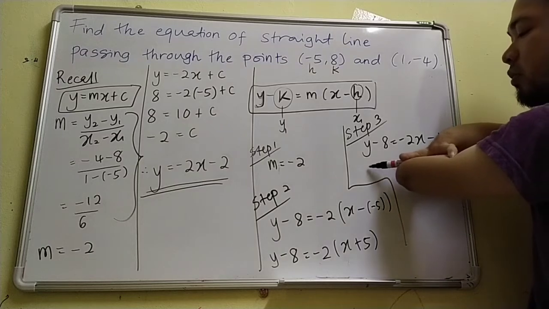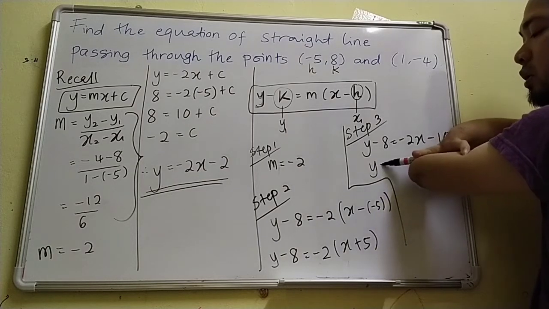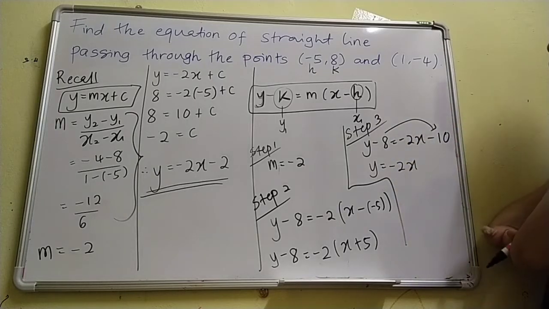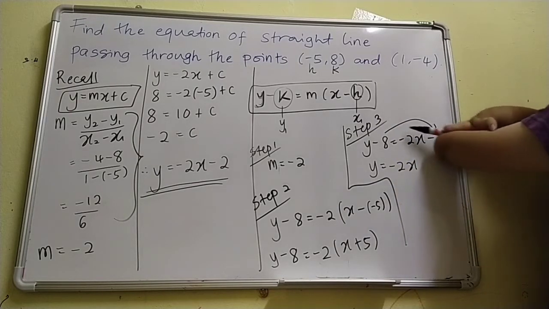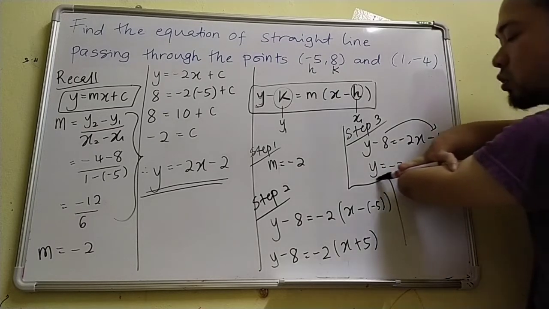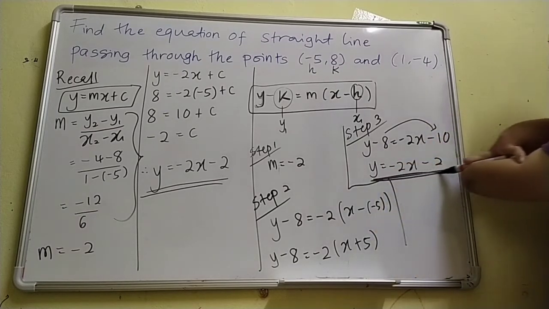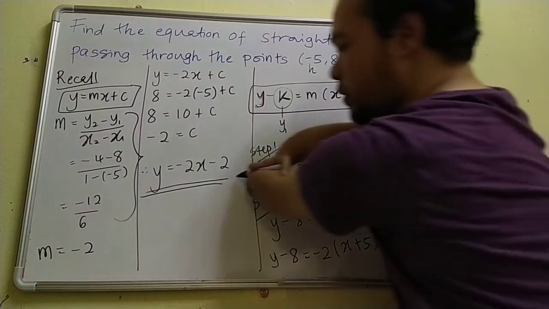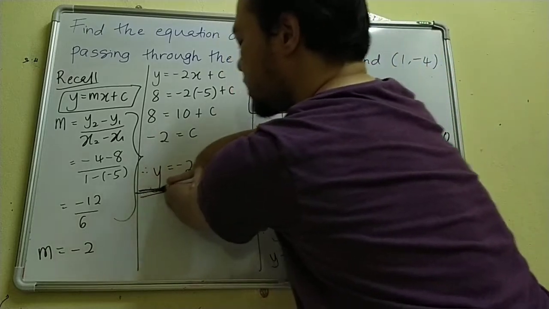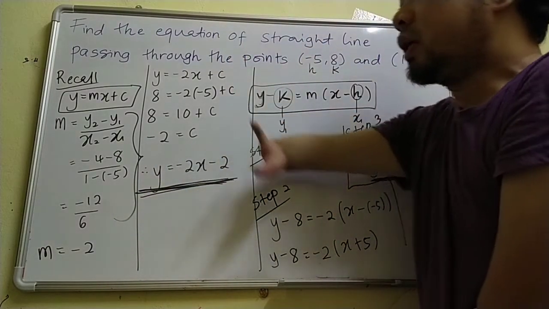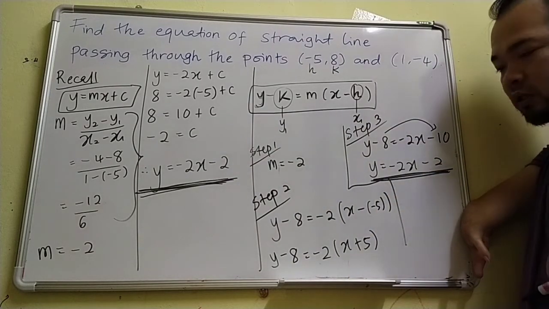Then rearrange, make y the subject, so y is equal to negative 2x minus 10, and we move the negative 8 to the other side, plus 8. So it becomes negative 2. So y is equal to negative 2x minus 2. Compare with the previous one, we got exactly the same answer. Same answer, different ways.